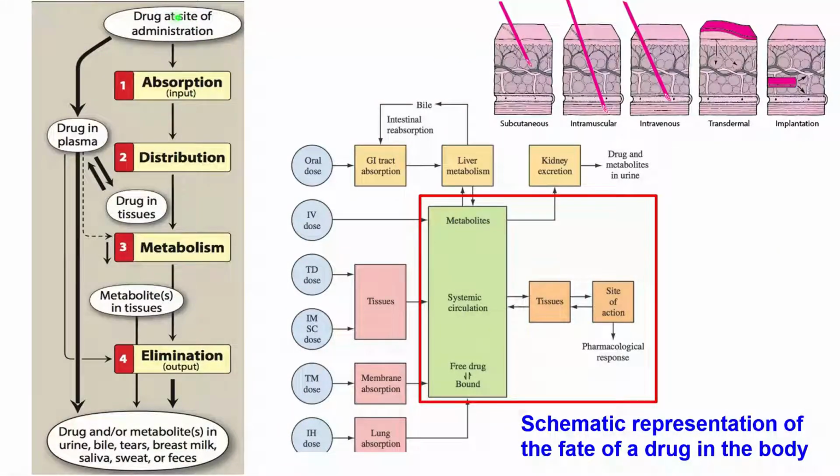So first, you have the drug at the site of administration, then it comes into blood plasma, and from blood plasma, the next step is distribution into a tissue.